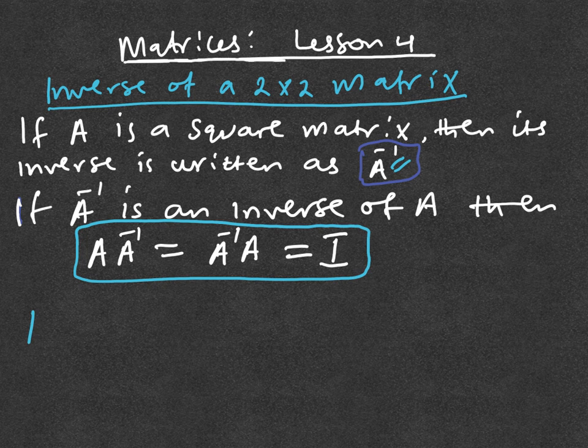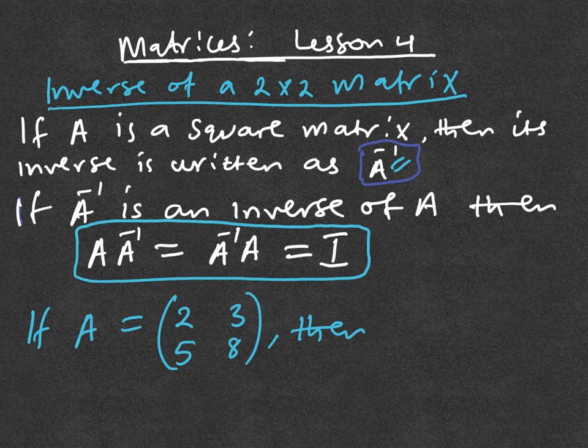Now, if I have a matrix A equals 2, 3, 5, 8, that's my matrix A. Then let A inverse, let's try to approach this in a simple way, be A, B, C, D. And we know we have a property.